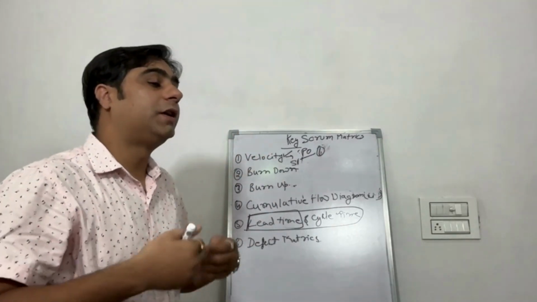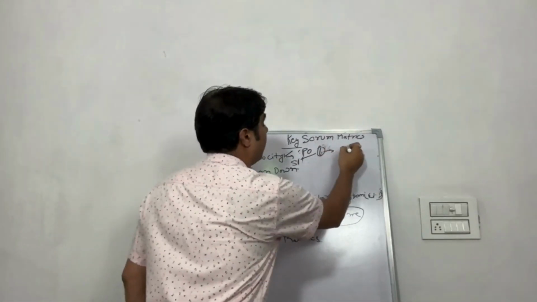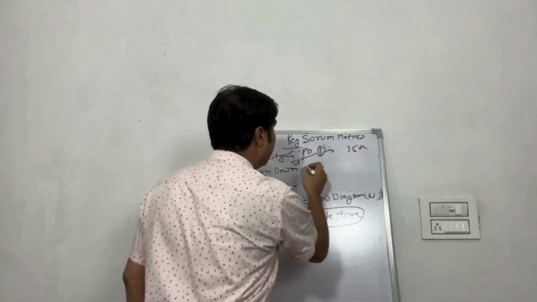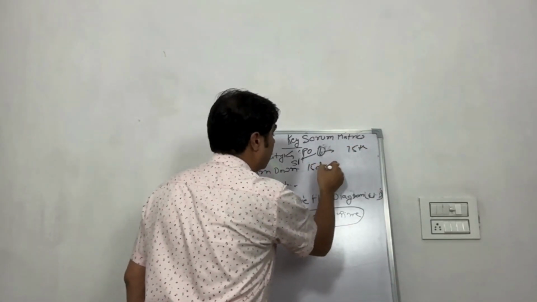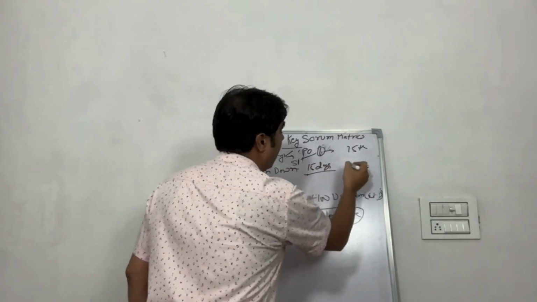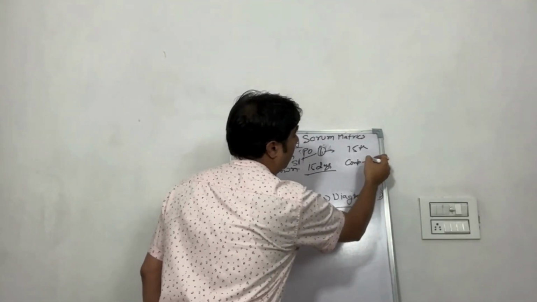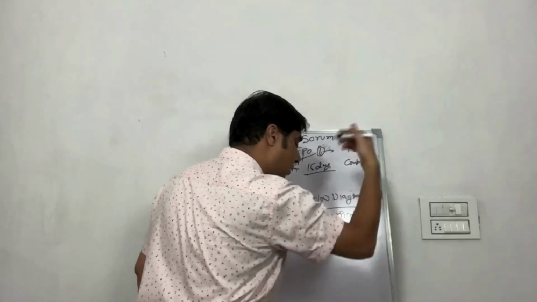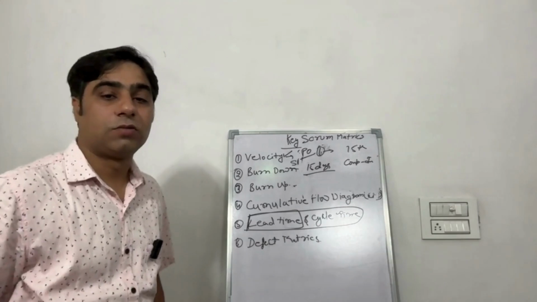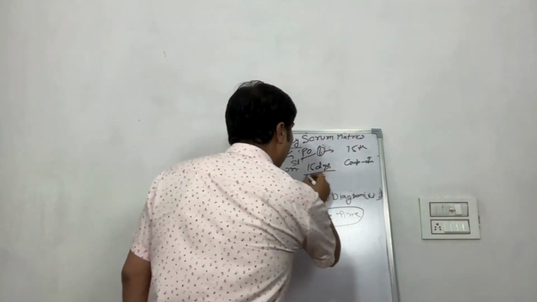But you completed this work by the 15th of this month. Then the lead time would be 15 days. That means completion date minus the introduced time, or the work given time. So this is lead time.